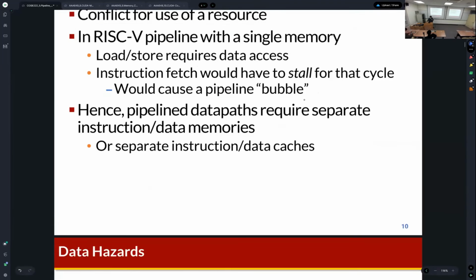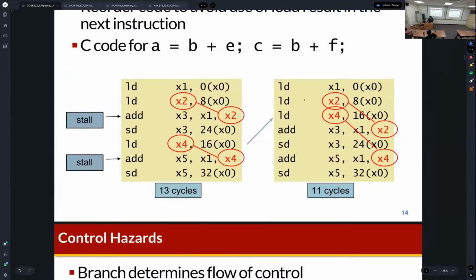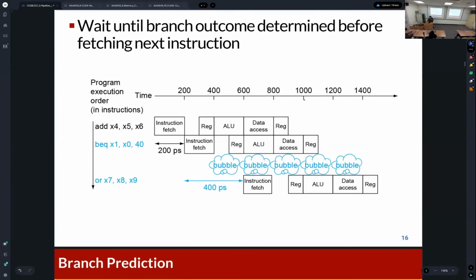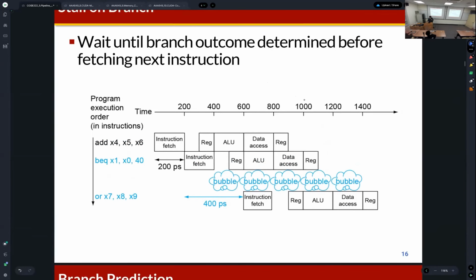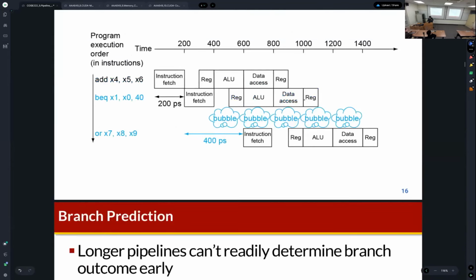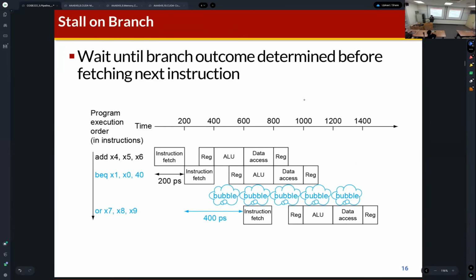So when BEQ is executed, we can know the target program counter of this BEQ at the EX stage, right?